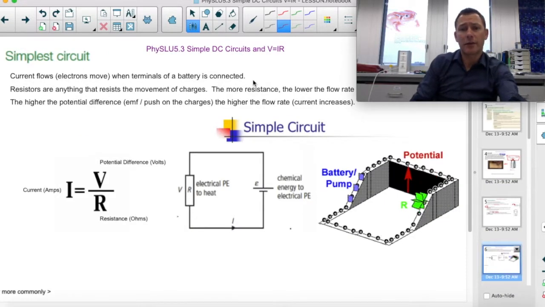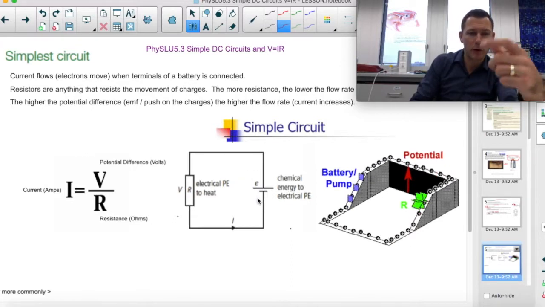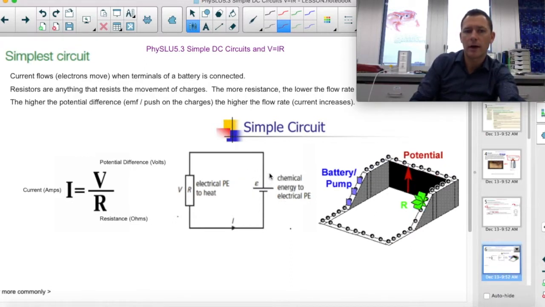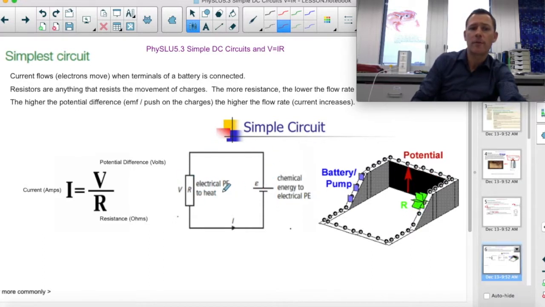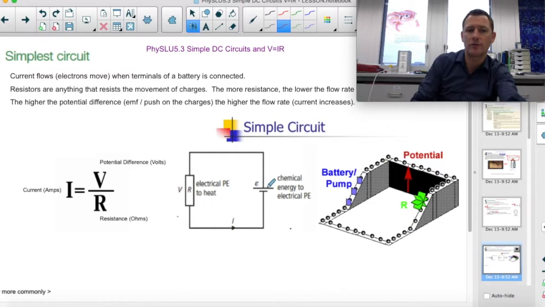So the most basic thing you can do with an electric circuit is close it in a loop. You have a source of electrical potential energy. You have a load. If you don't have a load, you get a short circuit. We'll talk about that more later. But you want to do something with these moving charges. So we have a little resistor, and you have the electrons moving from a high to low concentration.